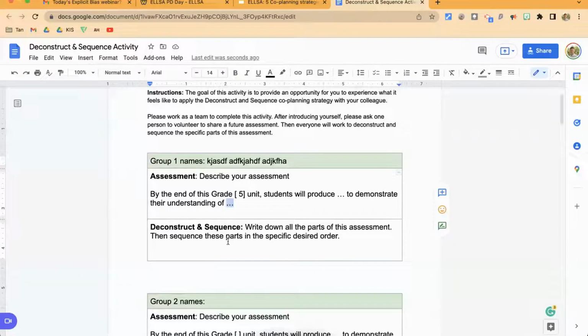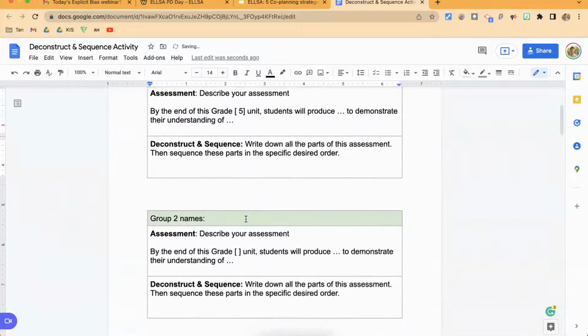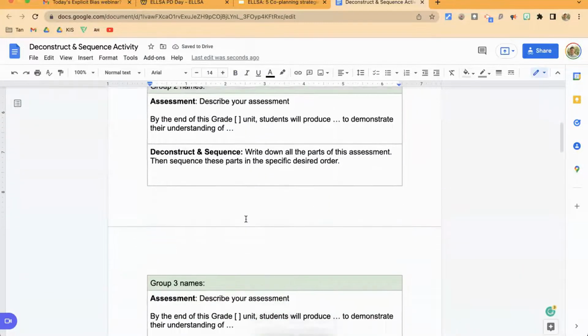And then we think about, okay, if students have to create a poster to demonstrate their understanding of the ecosystem, what are the different parts that we have to deconstruct for them and sequence for students to be able to be successful? That's all you have to do. And then we'll come back to the group and we'll look at how you did this together.